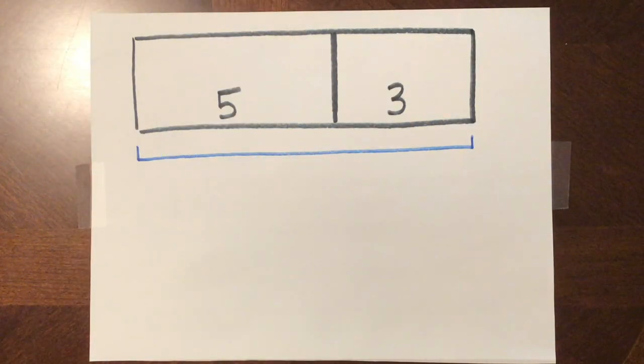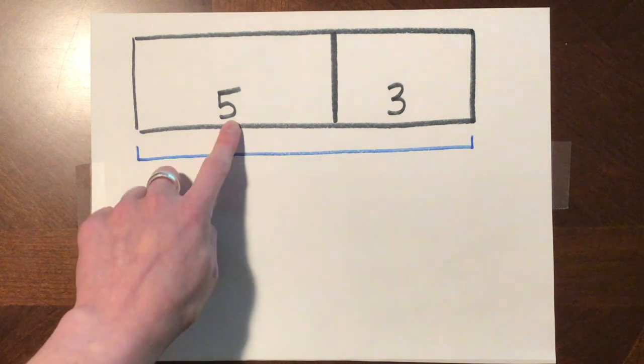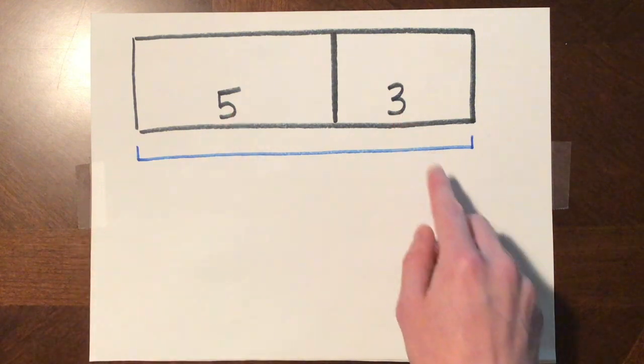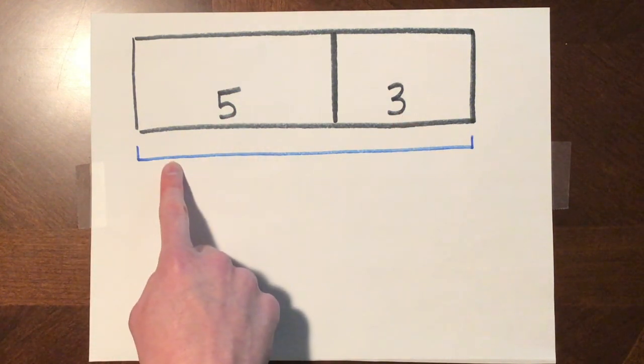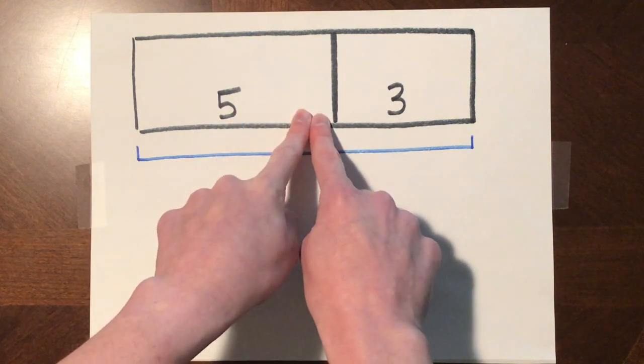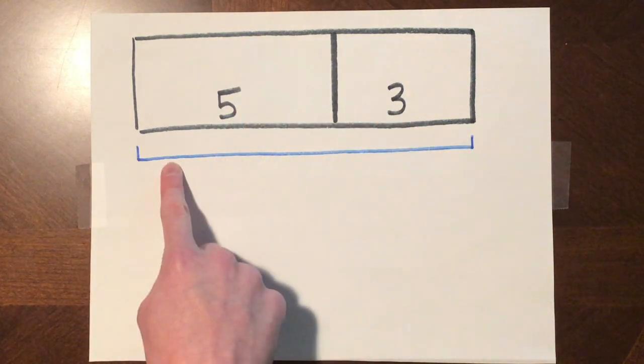Let's try another one together. The parts in this bar model say 5 and 3. How many pieces are there in the whole thing? When we put the two parts together, it will tell us the whole thing.